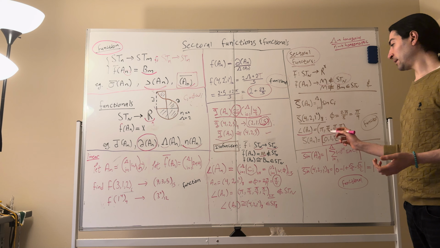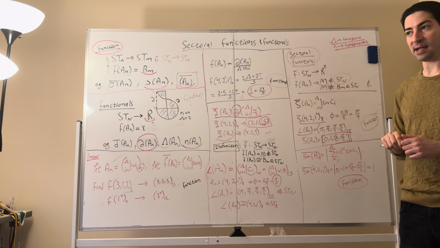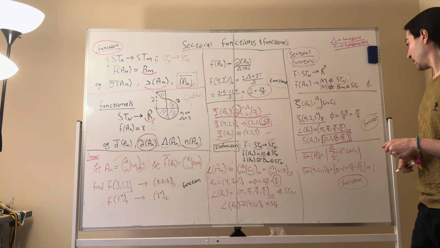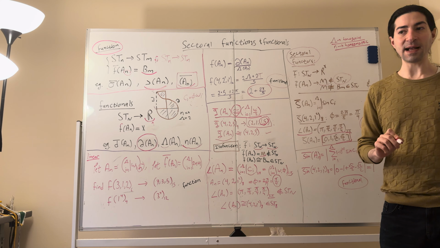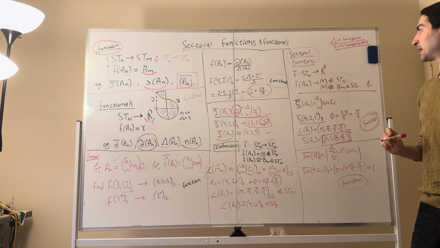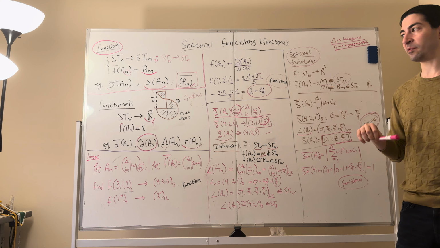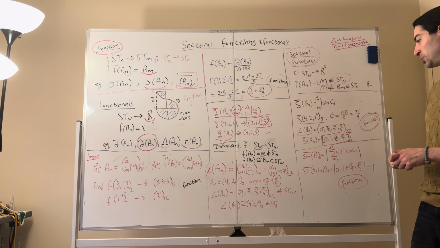Sometimes we will also end up with negative numbers or with zeros, as in this example, so it's not going to work. So we call this type of relation or this type of mapping a functor, a sectoral functor. And in fact, in the very next video, we will be going back to this particular type of relation.